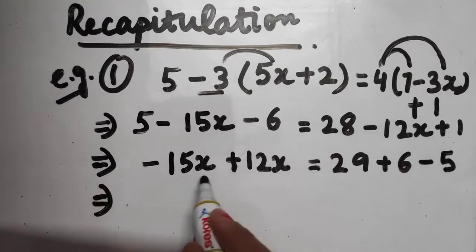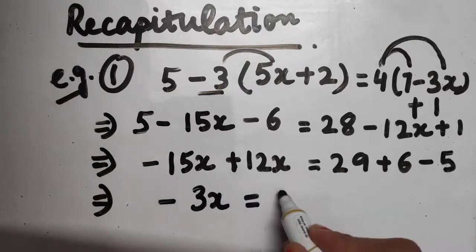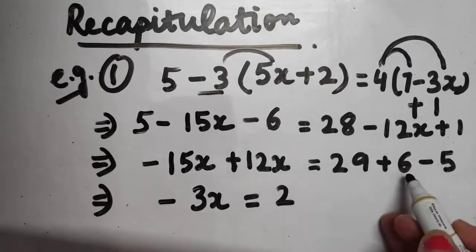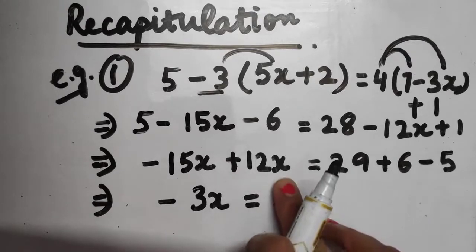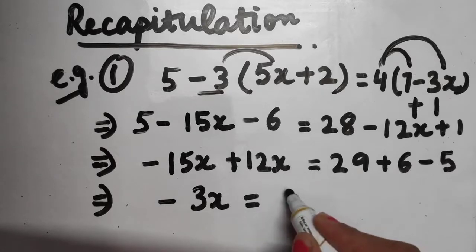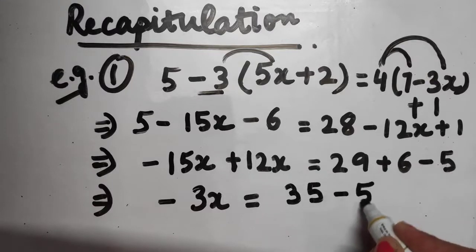So, minus 15x plus 12x will be equal to minus 3x, that is equal to 29 plus 6 minus 5. 29 plus 6, what will it be equal to? It will be 35, minus 5.